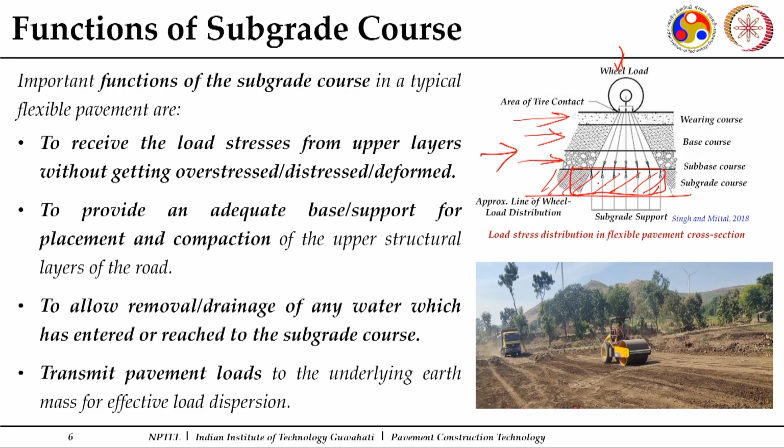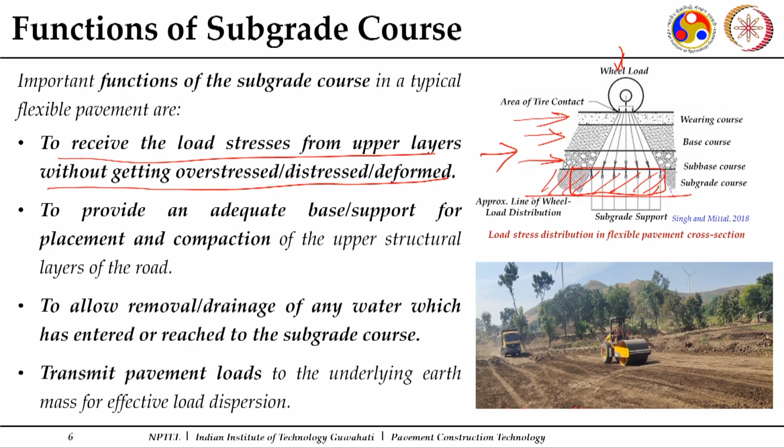So, one important function is to receive the load stresses from the upper layers without getting overstressed or distressed, because if it gets distressed, that is, deformed, by these wheel load stresses, then the layers above it will also get affected.